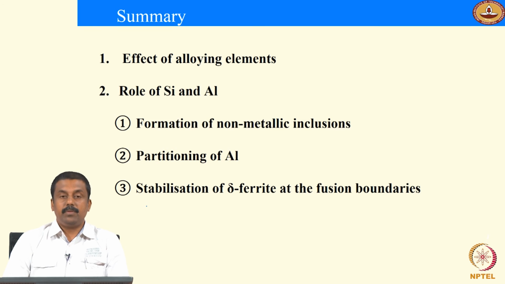Phosphorus can also be used to a certain limit, because phosphorus also has an effect on cementite stabilization. It also destabilizes cementite, similar to what silicon and aluminum do, and phosphorus is also a very effective solid solution strengthener.